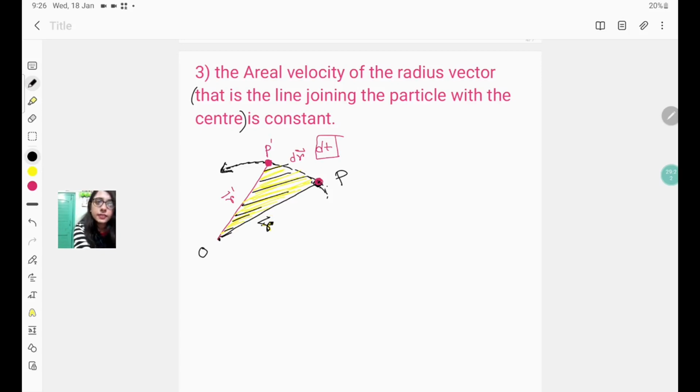in a time dt, right? This r vector sweeps out this area in a time dt.